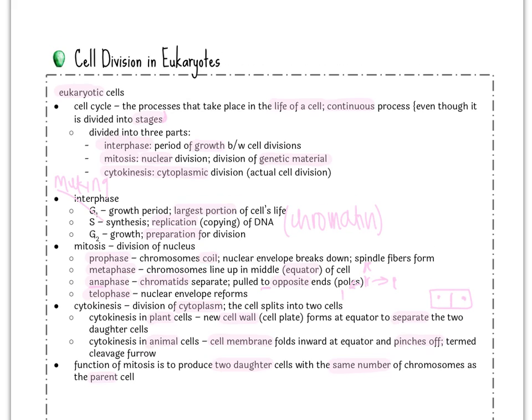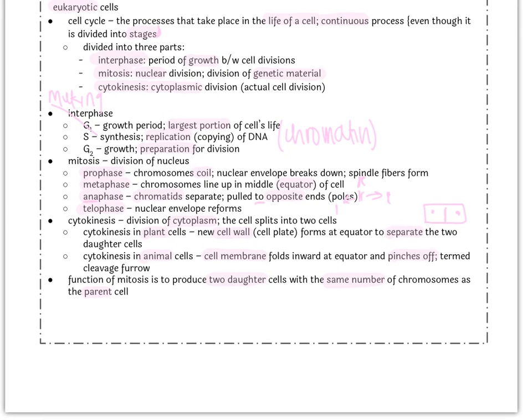So the whole goal is that we want it to be identical in mitosis. There are going to be some cases where they don't come out identical to the parent cell, and we'll talk about those in later units. But just keep that in mind. They're supposed to be identical, but that doesn't always happen.